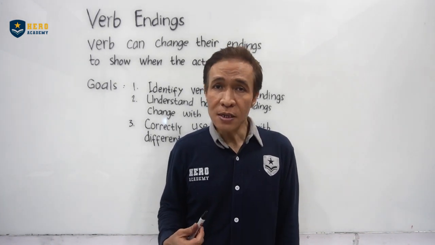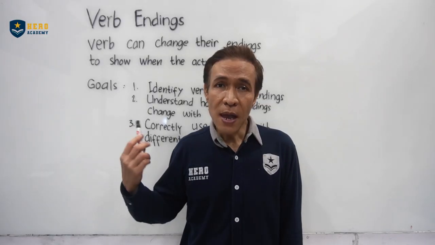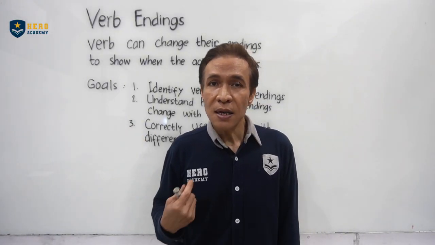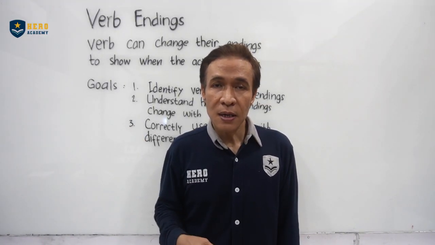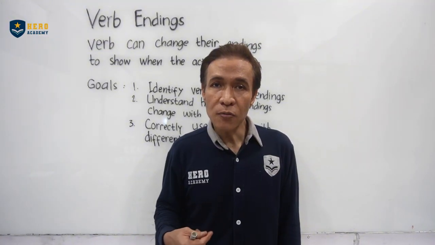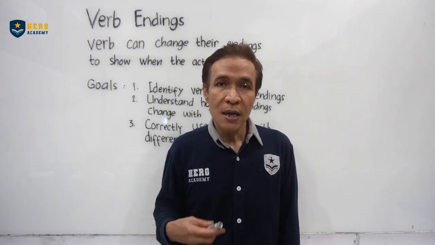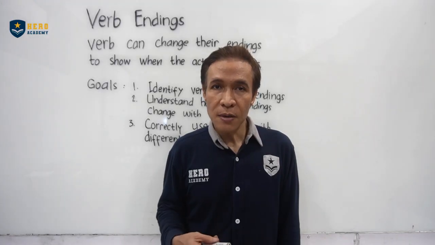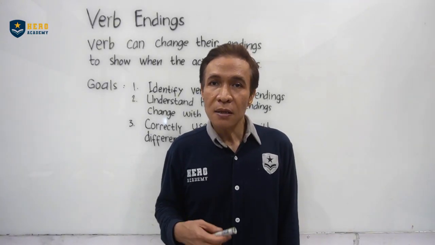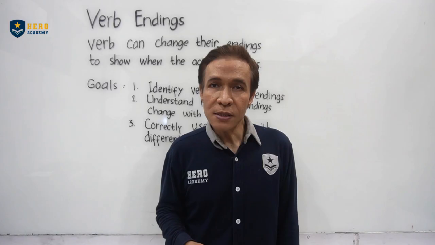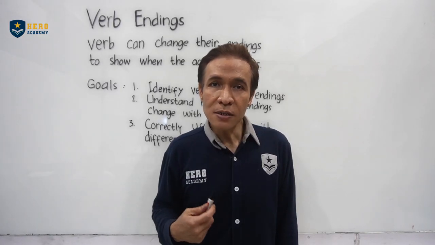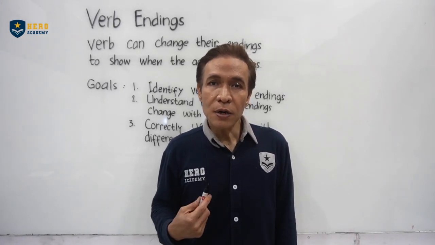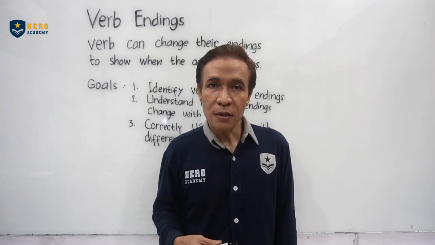And for present continuous, the verb endings is ing. For example, she is having dinner with her family now. He's playing a video game. And then, for simple present tense and present continuous, the verb endings are different.